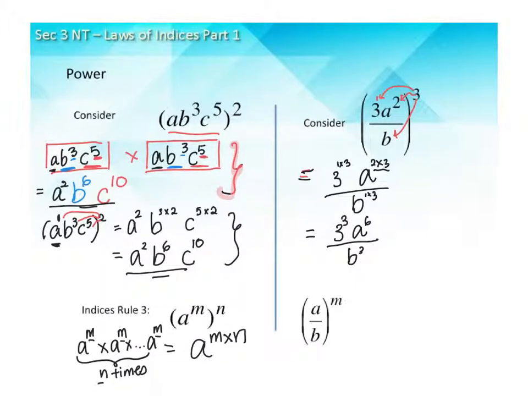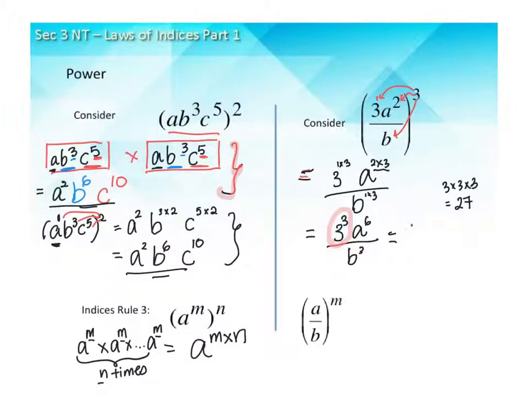But this is not the simplest form. We need to work out the value for 3 to the power of 3. Now take note, 3 to the power of 3 is actually 3 times 3 times 3, not 3 times 3. So 3 times 3 times 3 is actually 27.